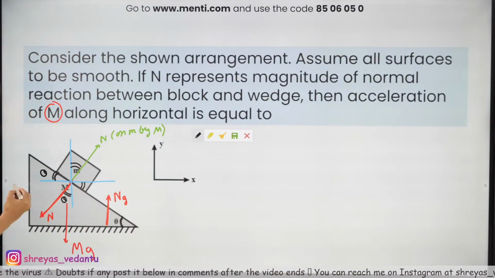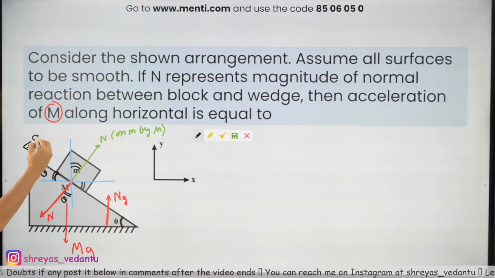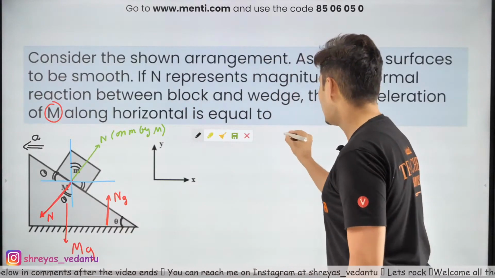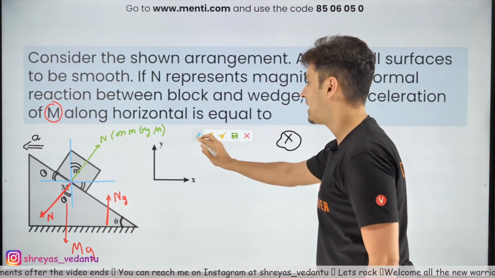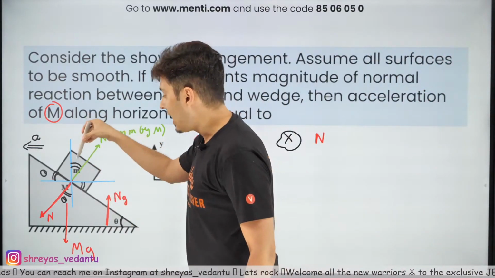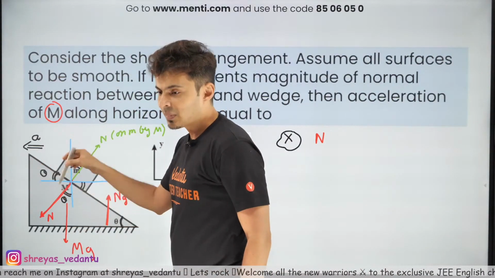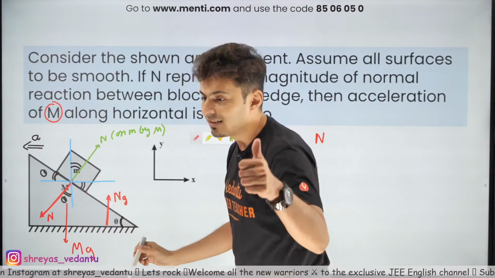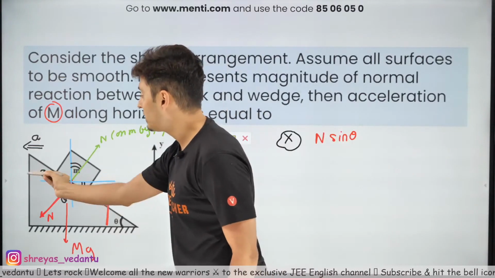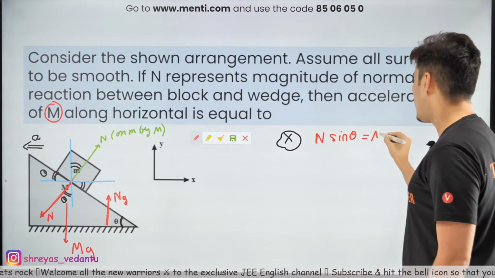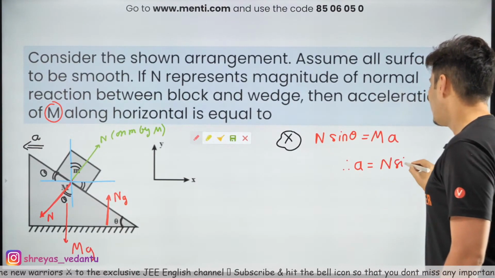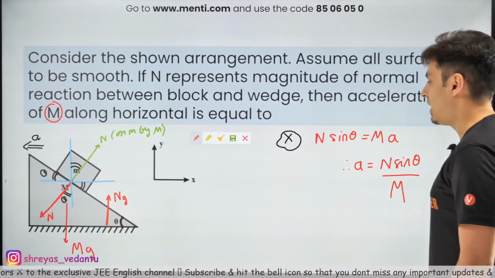So in the horizontal direction, to figure out the acceleration of this block, check in the x direction. There is only one force. Which component, N cos or N sine? It's only N sine theta. So N sine theta will be equal to M into A. Therefore, A will be N sine theta divided by mass. That's it.